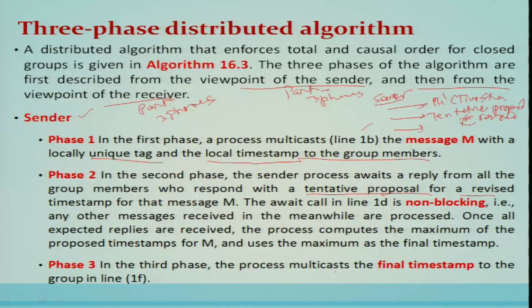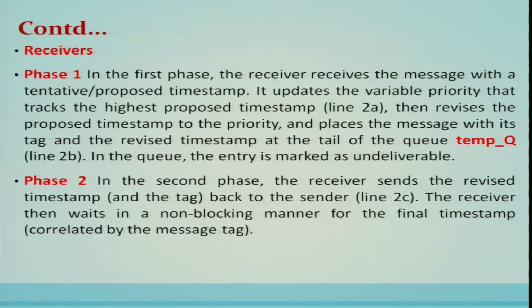And the third time it will send the message with a final timestamp. And on the other side the receiver will receive them, process them and reply in all three phases that we are going to see here.